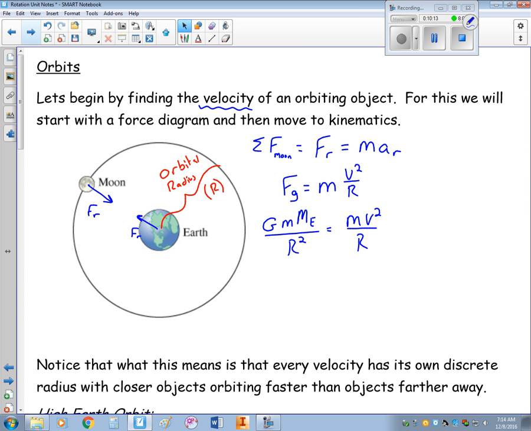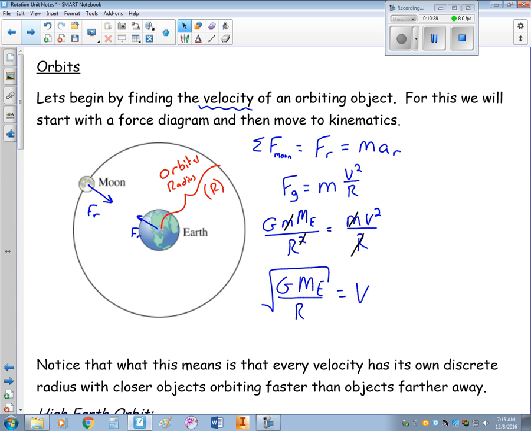And now I can do some algebra. Mass of the moon would cancel. Take out one of those r's. So I would see then that the orbital velocity would equal that square root.